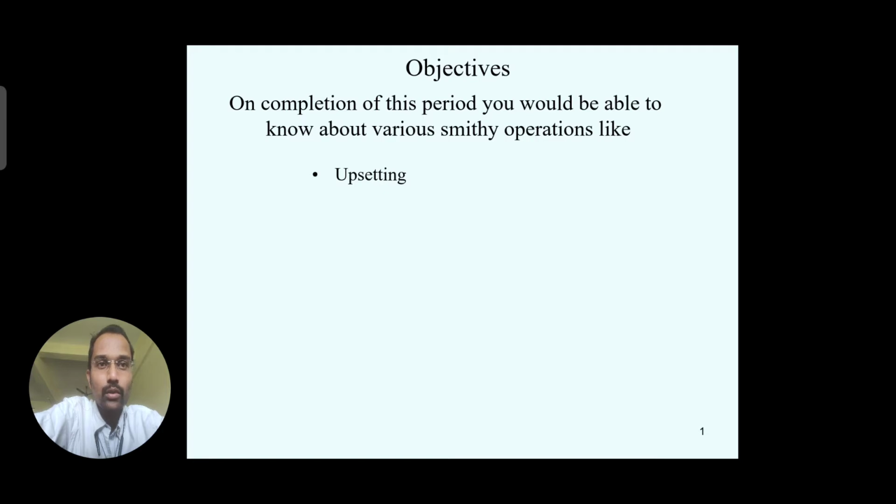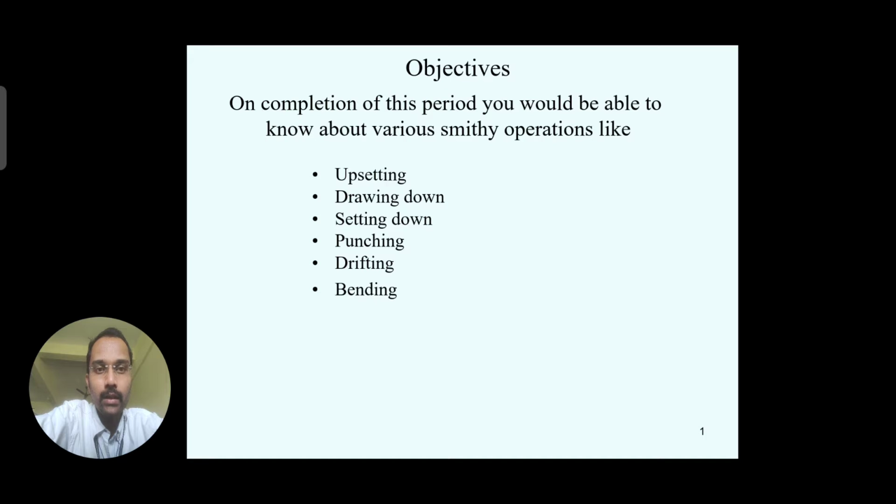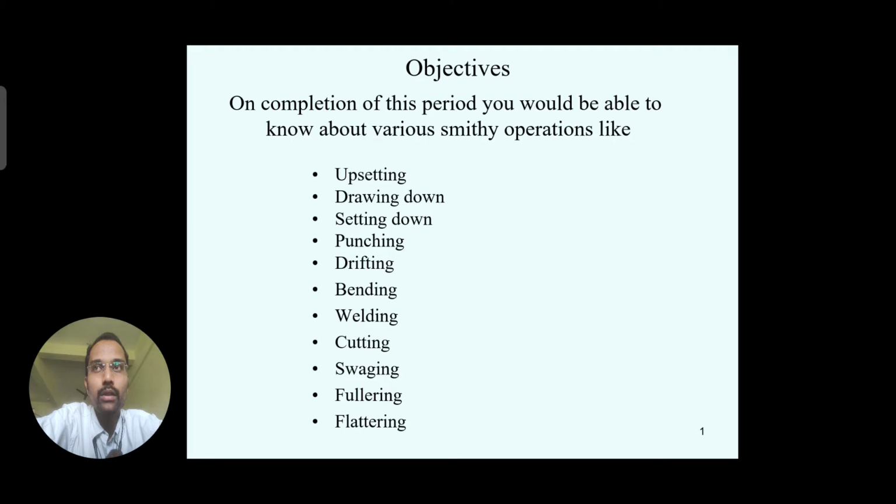These are listed like this: upsetting, drawing down, setting down, punching, drifting, bending, welding, cutting, swaging, fullering and flattering. All these are basic operations, carried out depending on the purpose of the work, by utilizing different tools.